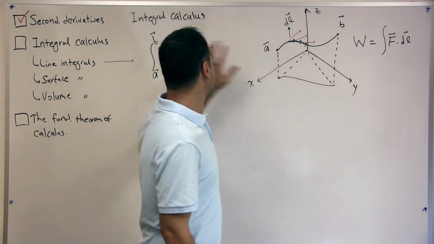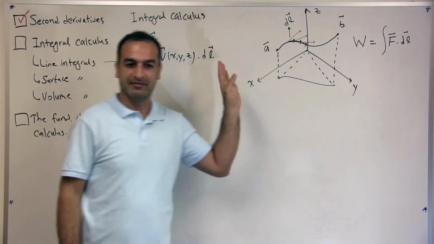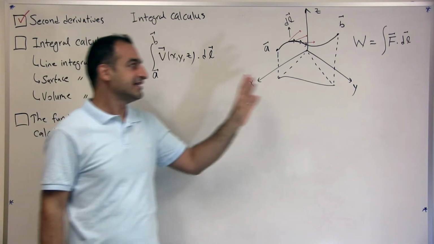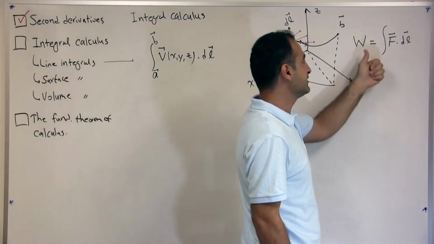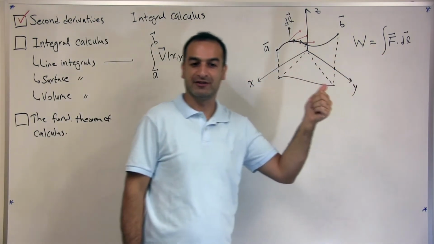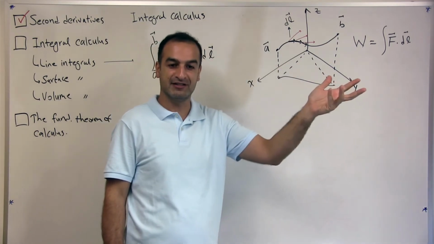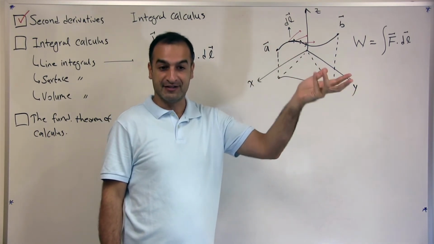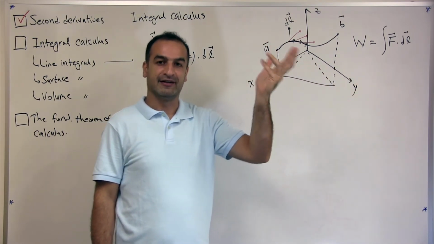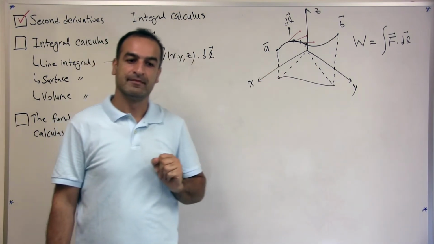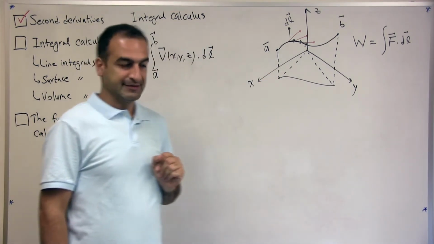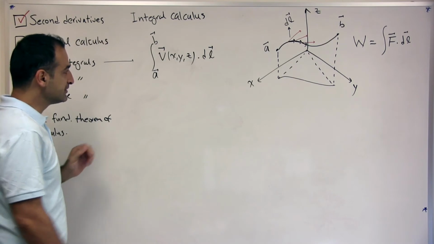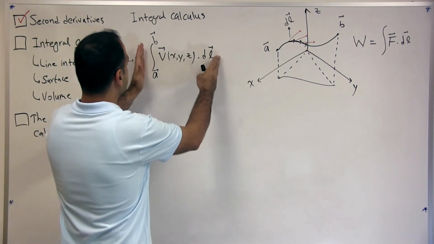And we will use that in electromagnetism as well, when we want to relate the electric field and displacement to the electrostatic potential. You will see the electrostatic potential is a scalar, and the electric field is a vector field. So this is the basic definition of the line integral.